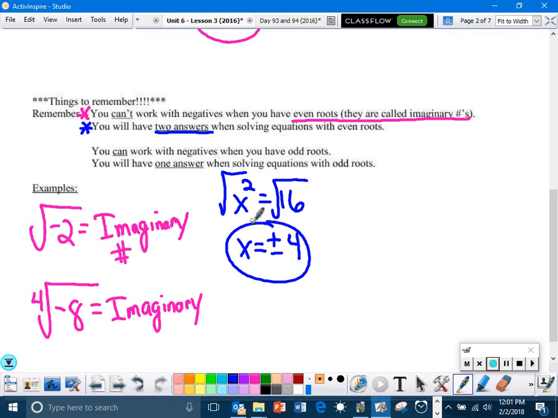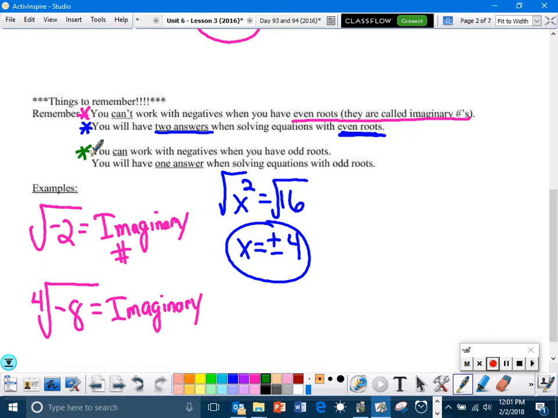So 2 answers. That's what that statement is saying. Now an even root, that means if the root is a 4 or a 6 or an 8 or a 10, you still are going to get 2 answers.